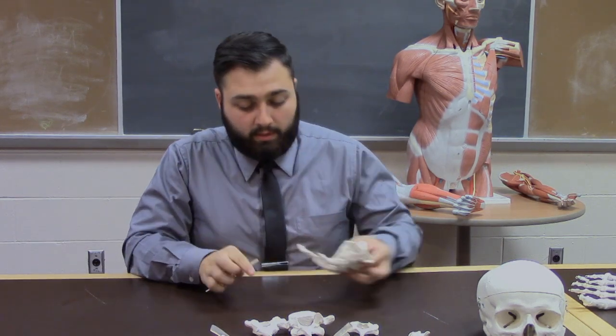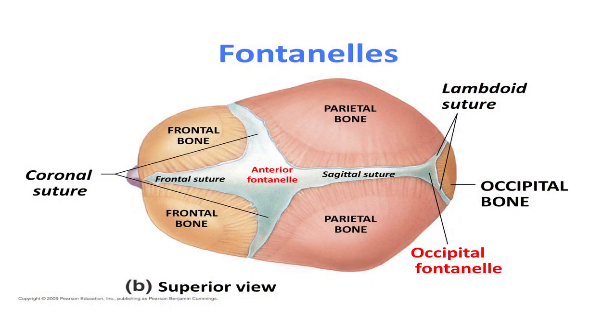So now we're going to look at some pictures. Some professors want you to know fontanelles. This picture is showing you the superior portion of a baby's skull. You might have heard that babies have a soft spot you're not supposed to touch. That's called a fontanelle. On the left, you can see the anterior fontanelle. It's quite large.